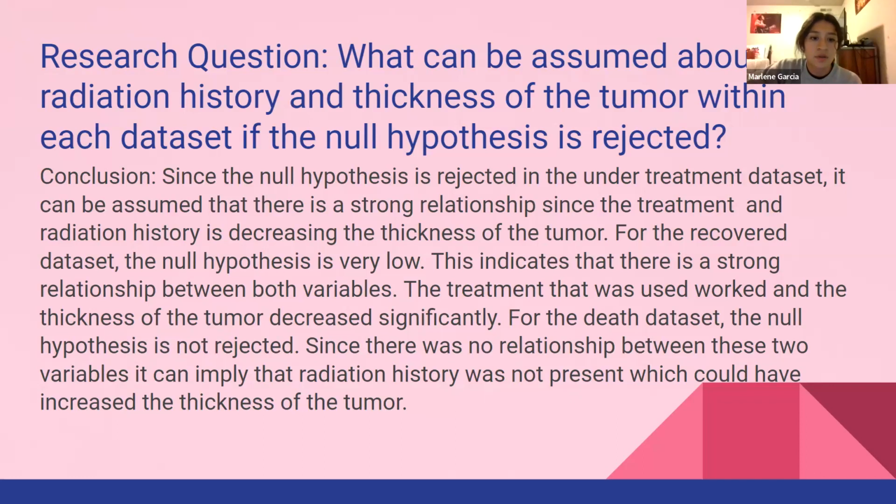Since they are recovered, the p-value is very low, and this indicates that there's a strong relationship between both variables. And this could also mean that the treatment has worked with the radiation history background, and it has decreased the tumor significantly, if not completely.